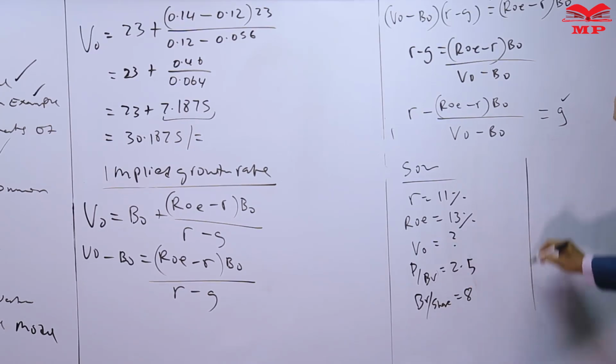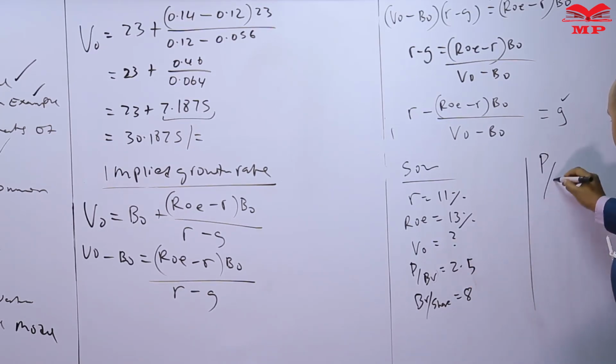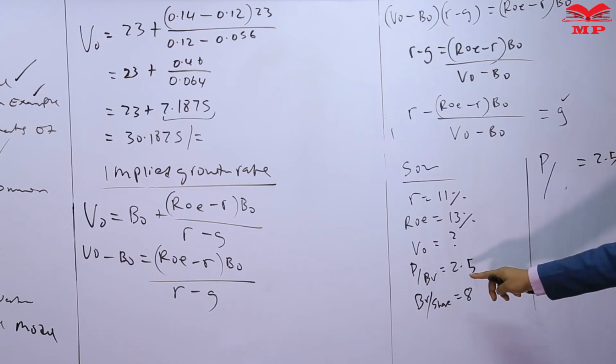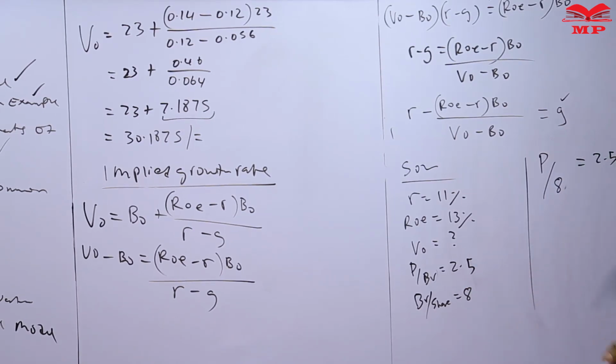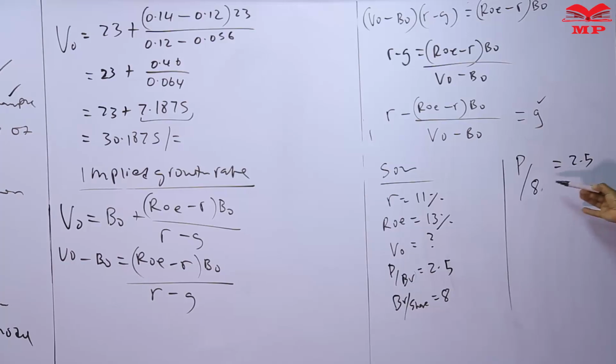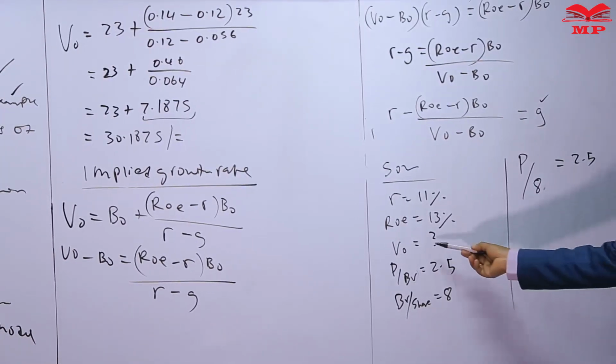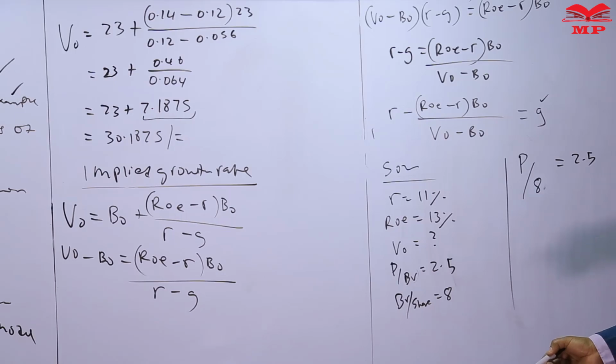The price to book value ratio has been given as 2.5, and the book value per share as 8. So if we multiply 2.5 by 8, we get the market price per share, and that is what we slot in as the value there.